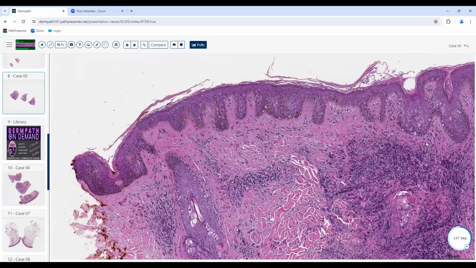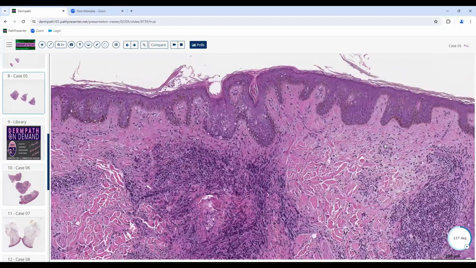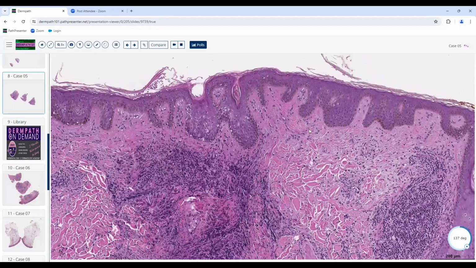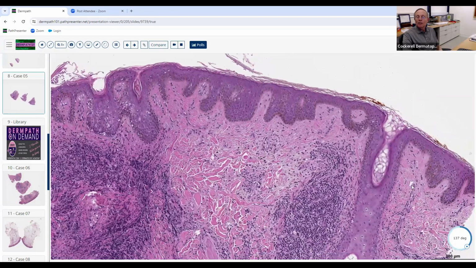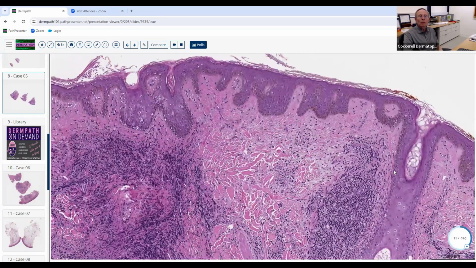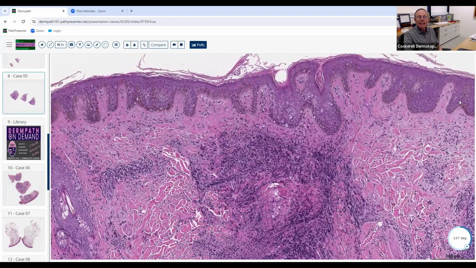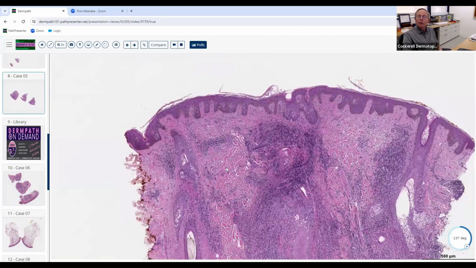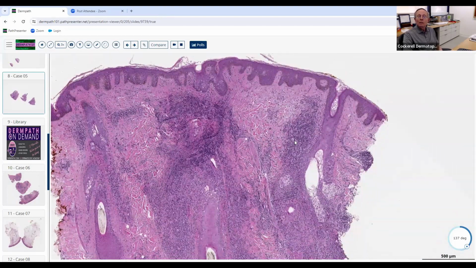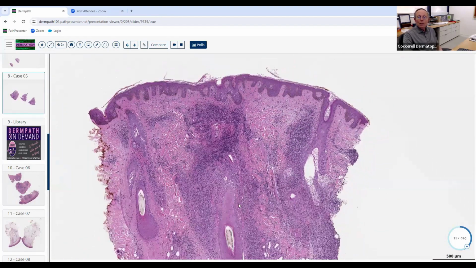There was no vacuolar change in the basement membrane zone. Excellent. Very good. That's exactly right. Normally, when you see chronic discoid lupus erythematosus, you'll see effacement of the epidermal rete ridges. The epidermis gets very thin, you get a thick basement membrane zone, you get vacuolar alteration. So we really don't see that here. So it's a little bit of an unusual variant of lupus.